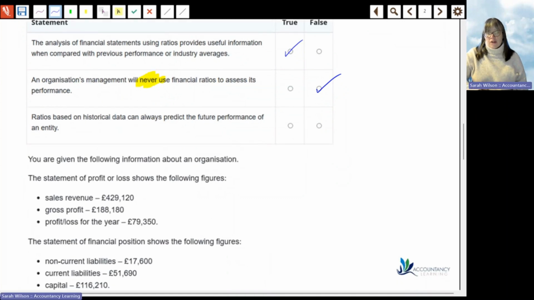Ratios based on historical data can always predict the future performance of an entity. Now, yes, we can use ratios to help us forecast into the future, but we cannot always predict the performance because things change. So that one is false.